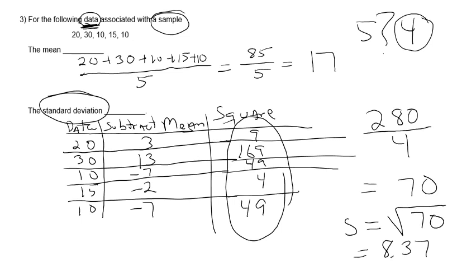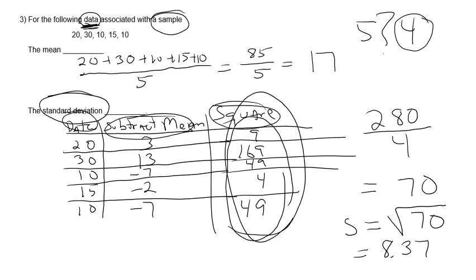So standard deviation: list the data, subtract the mean, square it, add that column up. If it's from a sample, you're going to divide by the sample size less 1, which would be 4. If this were a population, meaning we had all the data, I'd be dividing by 5.